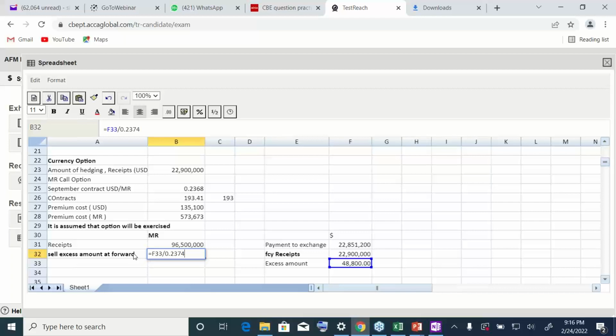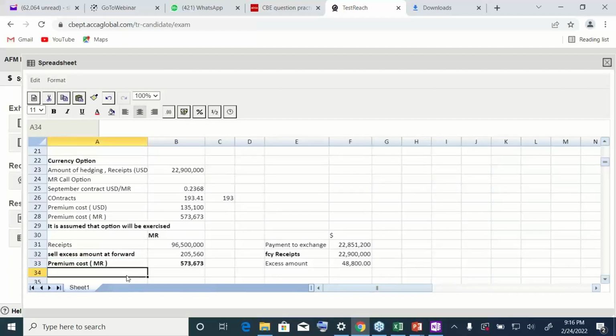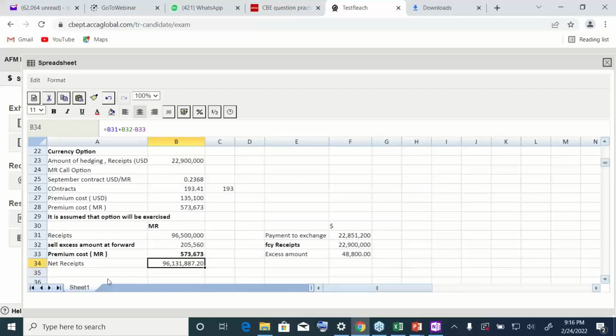Higher rate, 74. Then write the premium cost here. And now calculate the net receipts, that is receipt minus payment. 96.131 million is the net payment which you are going to pay. Okay.